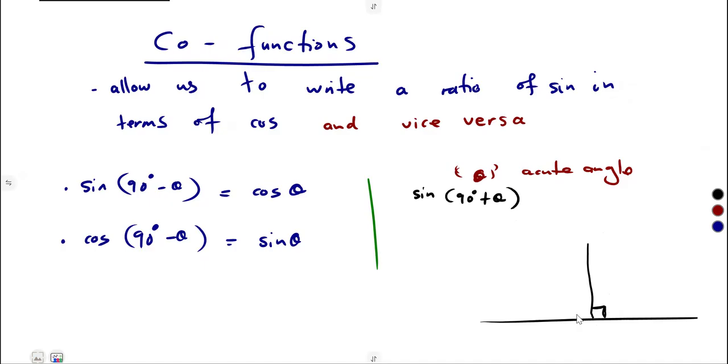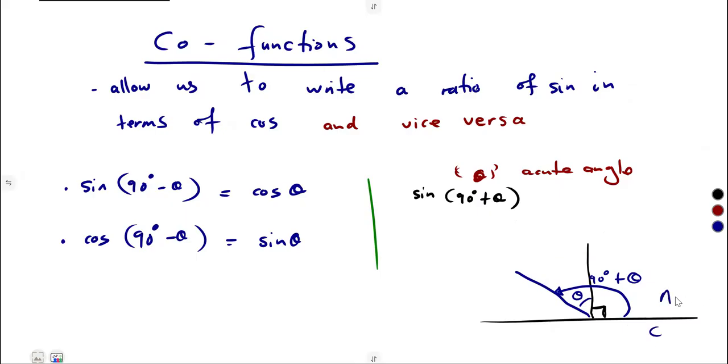Remember, theta is an acute angle, so theta cannot be 90 degrees. Let's say this is our theta. So 90 degrees plus theta, we talk about the combination of this angle. In which quadrant does it lie? It lies in the second quadrant.